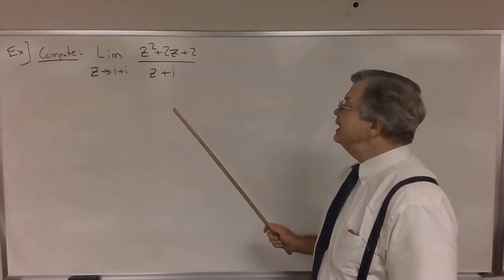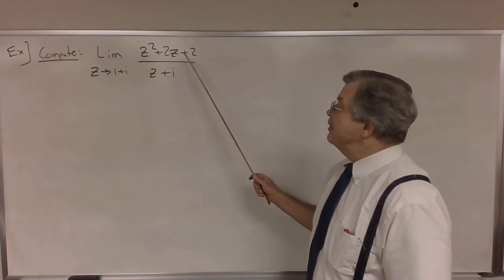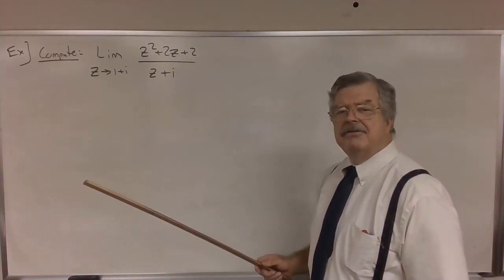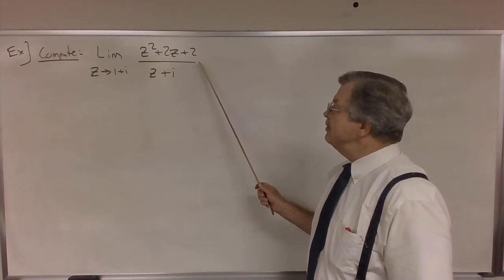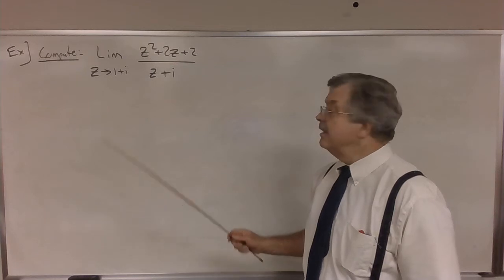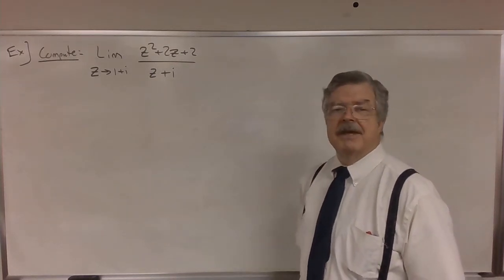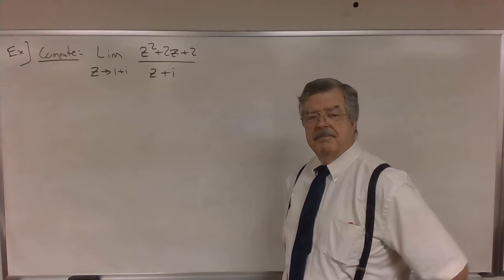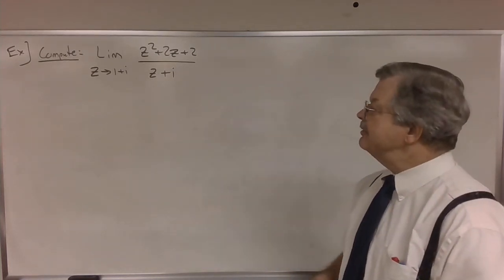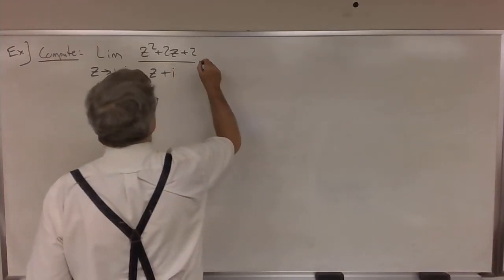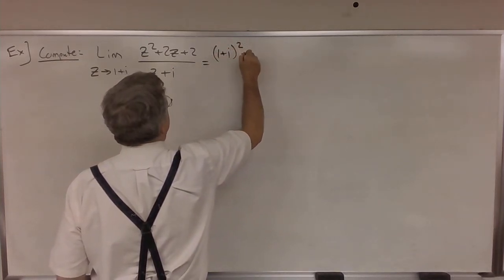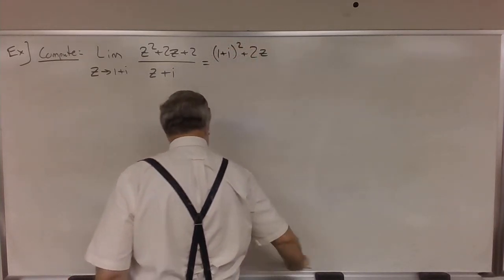So that means that we have the quotient of continuous functions. And that means that we can compute this limit just by plugging in the number that z approaches, provided that that number doesn't make the denominator 0. And it doesn't. So this function's continuous. We can compute the limit just by plugging in.